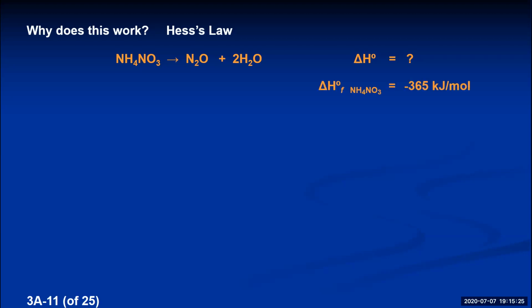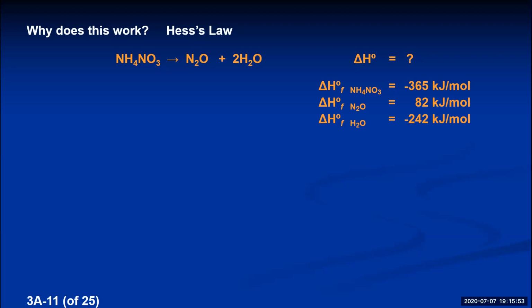So you would have to go to a thermodynamic table and look up the standard enthalpy of formation for ammonium nitrate, which turns out to be negative 365 kilojoules per mole. You would need to look up the standard enthalpy of formation of dinitrogen monoxide, which from our table on our class website is 82 kilojoules per mole, and the standard enthalpy of formation of water, which from our table is negative 242 kilojoules per mole.